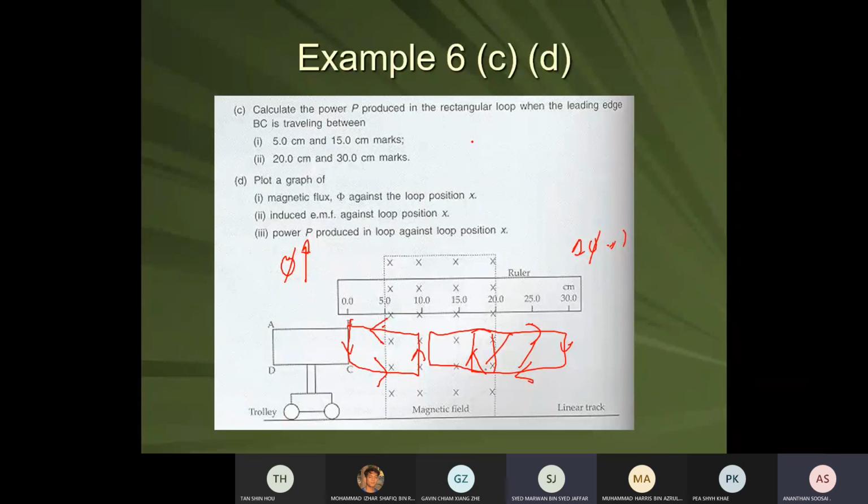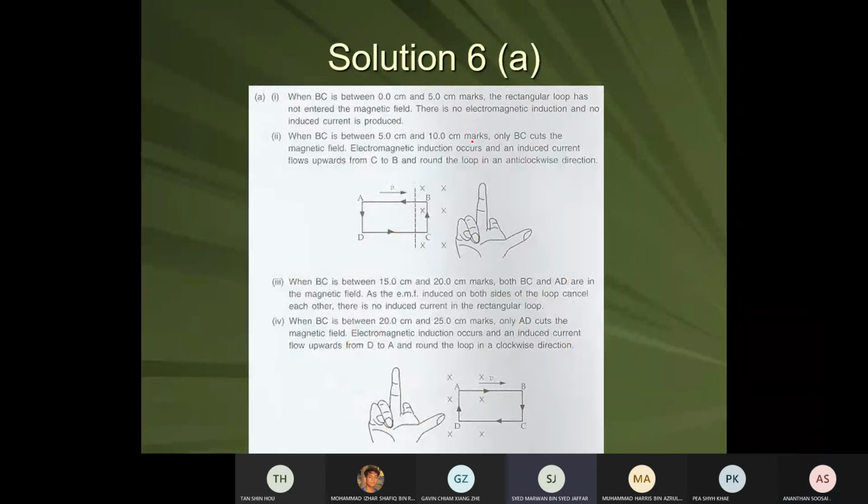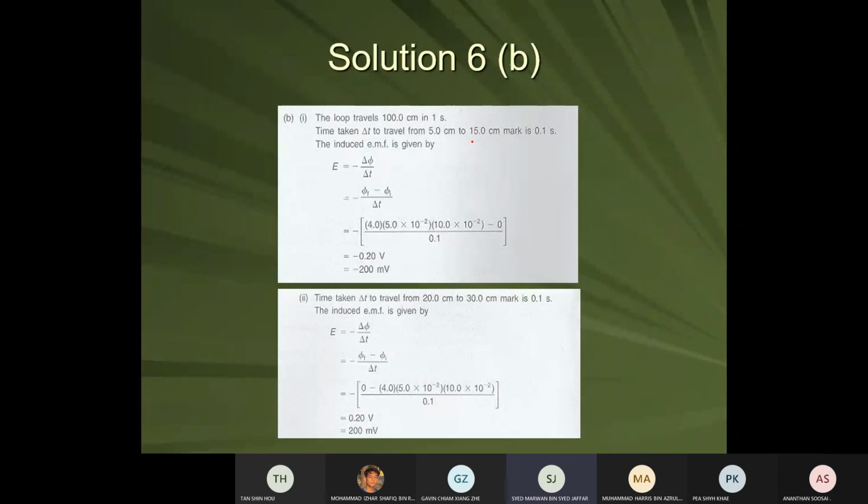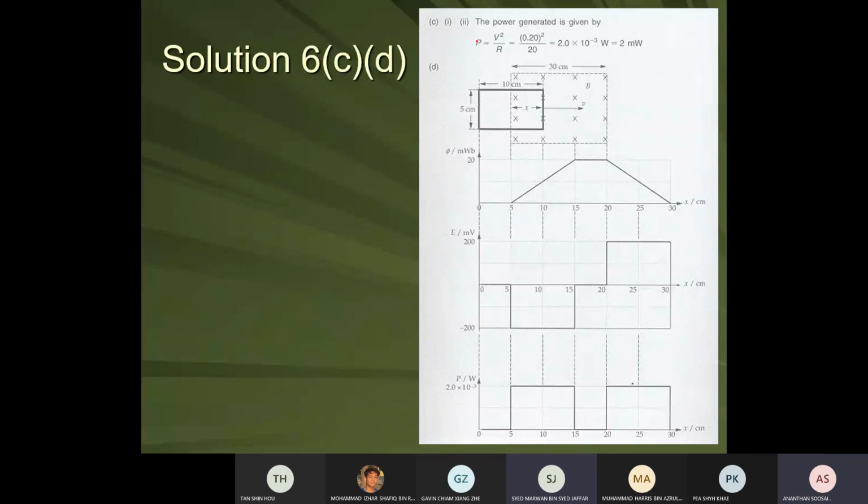You know resistance. So what formula? P equals V squared over R. Power dissipated in the coil is V squared over R. V is the EMF induced in the coil, flux over time. Just now we calculated in part B, squared over the resistance of the wire, 20. So you get the power generated in the coil.